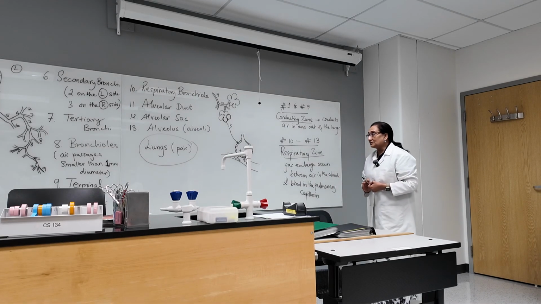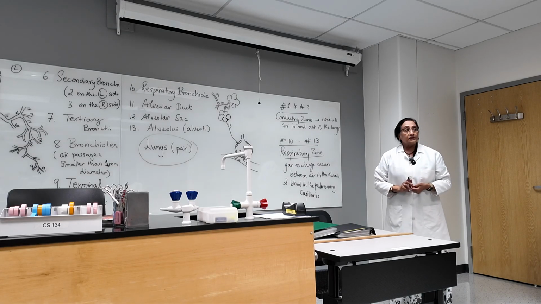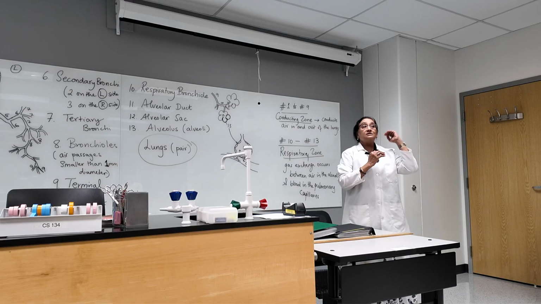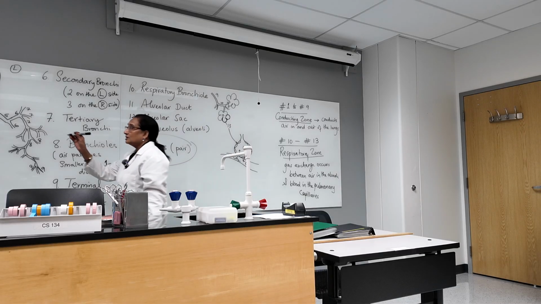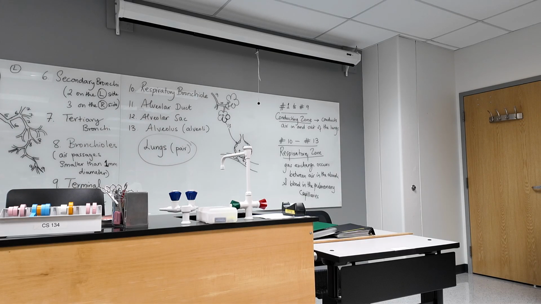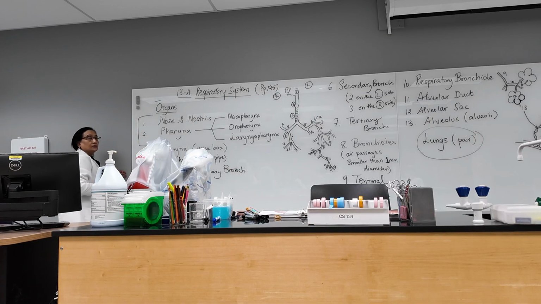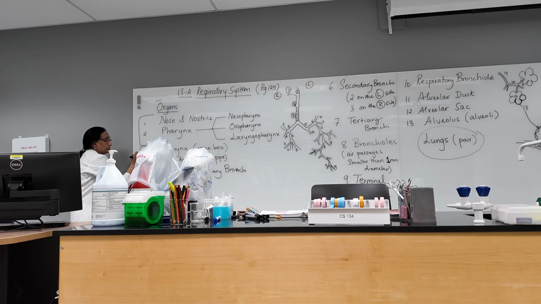Okay, so this is the entire structure of your respiratory system. We are going to look at it in bits and pieces. We will start with nose, pharynx, this one and 2. Then we will look at larynx, number 3.